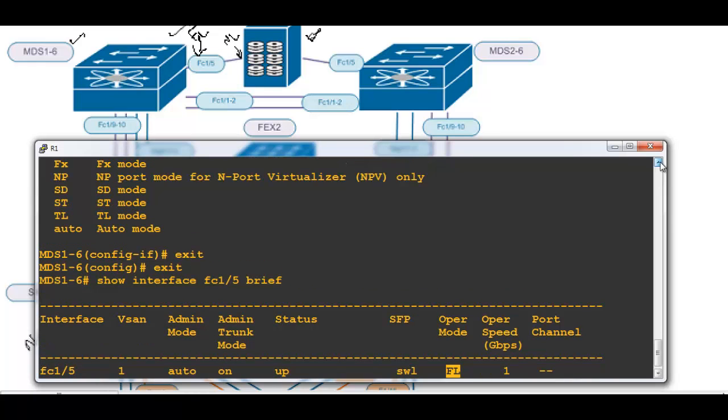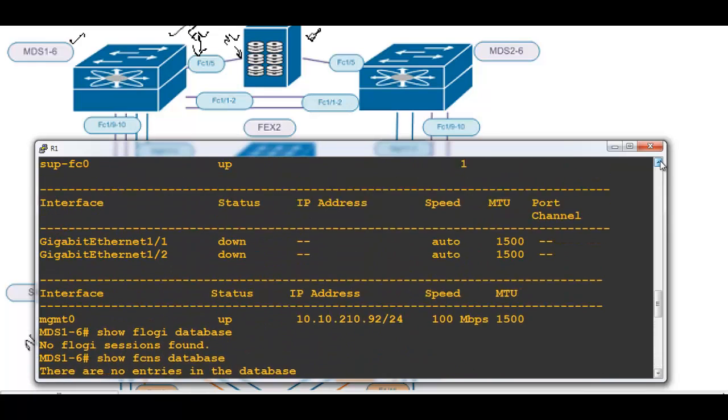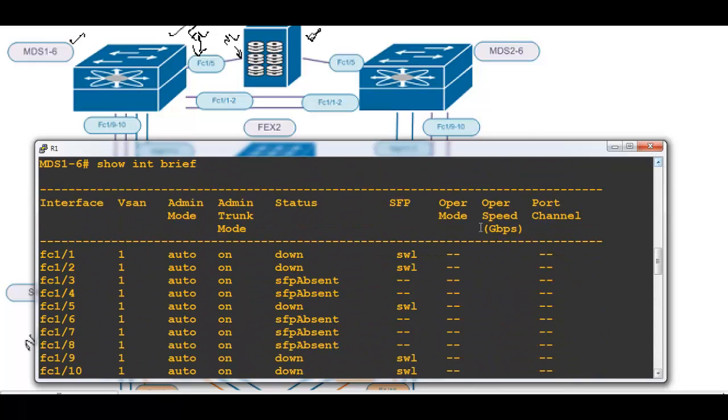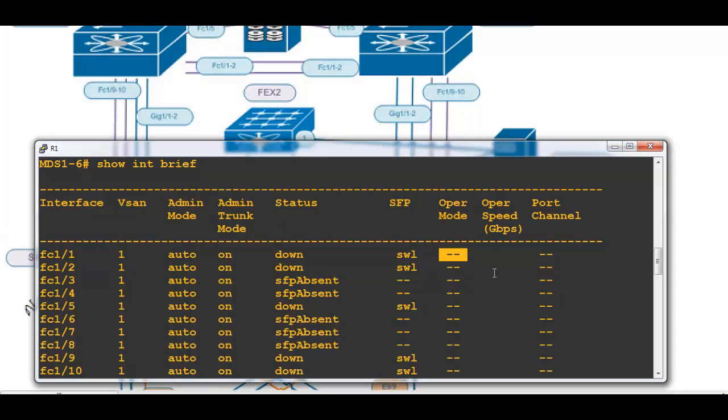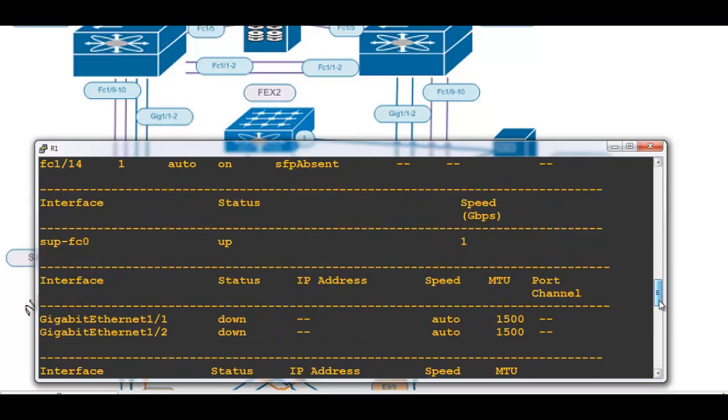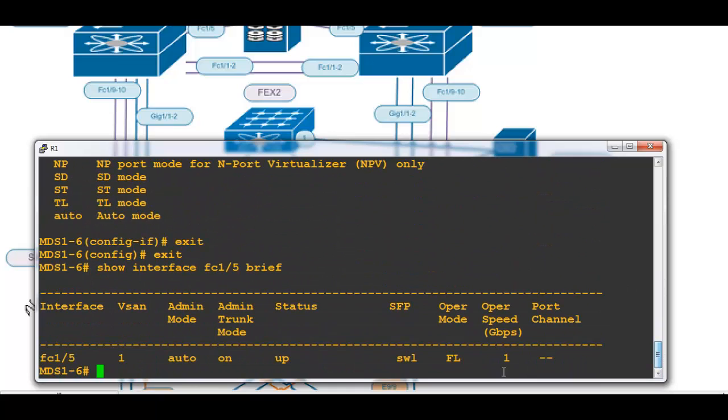See, previously when we were seeing those interfaces, we didn't see the operational mode. It was auto, so it was blank here. It was about to discover. Now we got everything discovered on that interface. It has discovered the operational mode. It has discovered the speed, 1 gigabit speed.